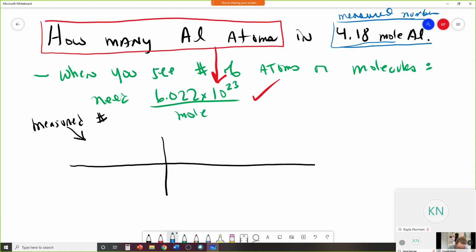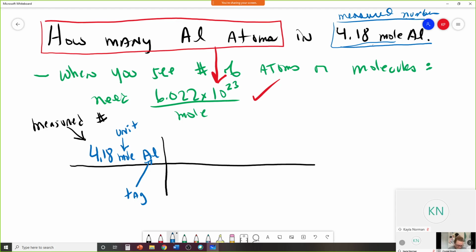So I say 4.18 mole aluminum. Now notice I have a unit and I have a tag. This is very important because the number there is not just 4.18, not just 4.18 mole, it's 4.18 mole aluminum.